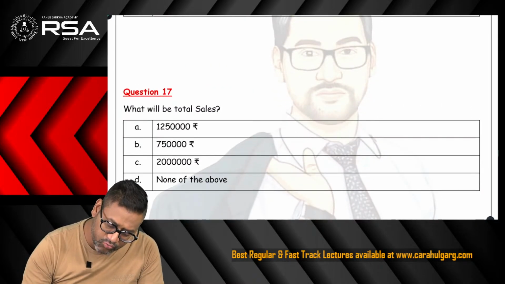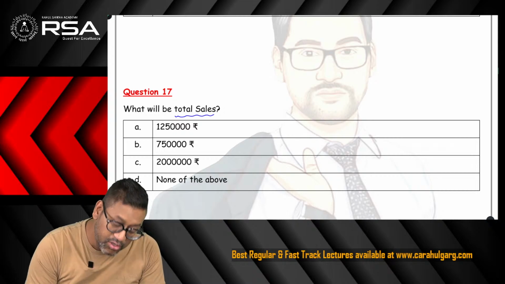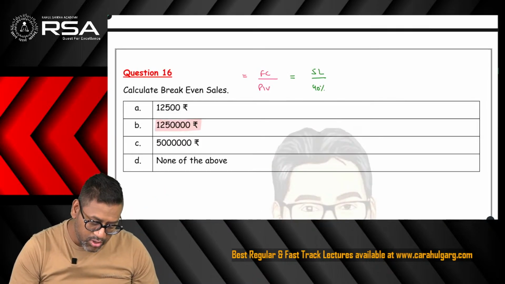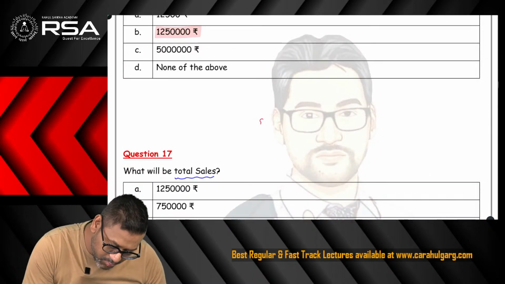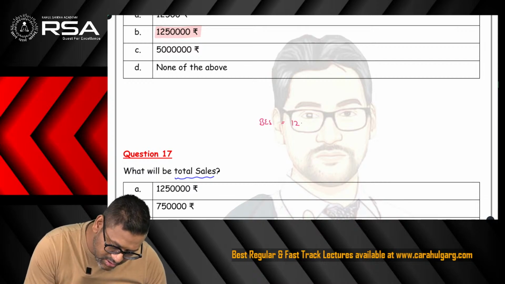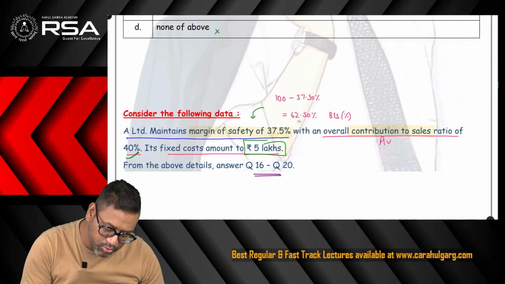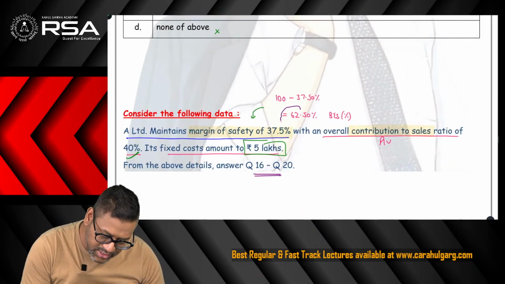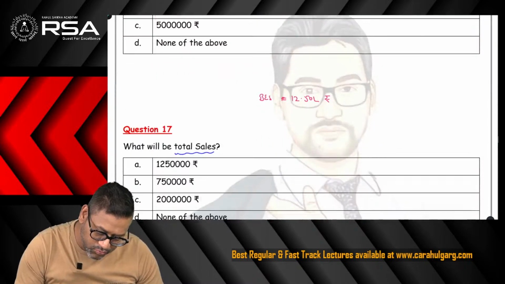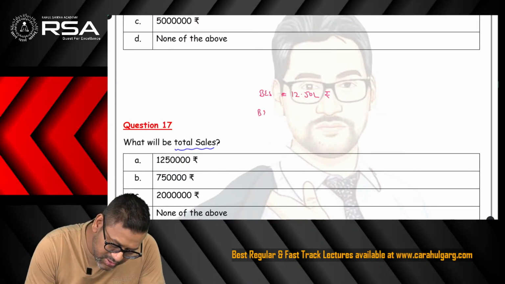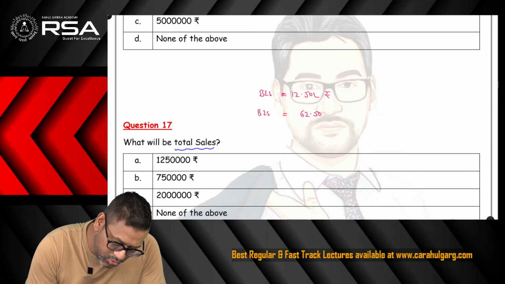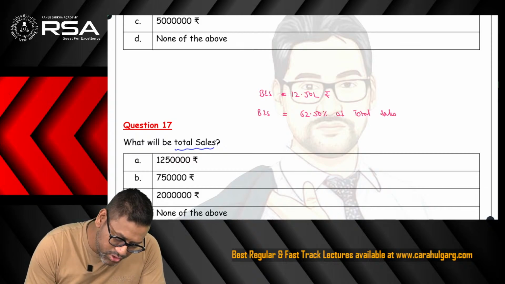Next, what will be the total sales? Now we have got to know that break even sales is 12.5 lakh rupees. Also, while reading the question, I told you that break even is 62.5%. Also, we know that break even sales represent 62.50% of total sales, and the question has asked me total sales.